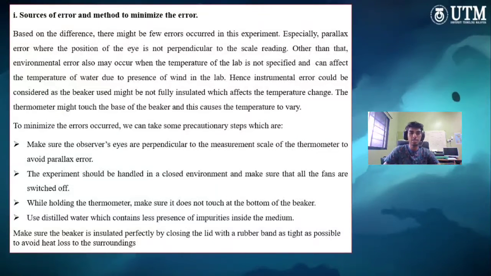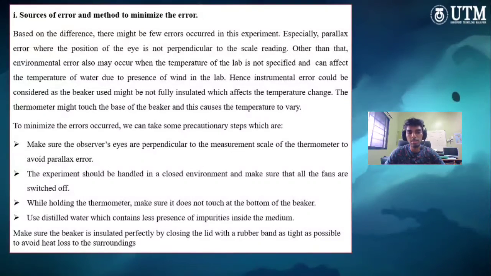Instrumental error could also be considered, as the beaker used might not be fully insulated, which also affects the temperature change. The thermometer might touch the base of the beaker, and it also causes the temperature to vary and doesn't give an exact value of the temperature reading.